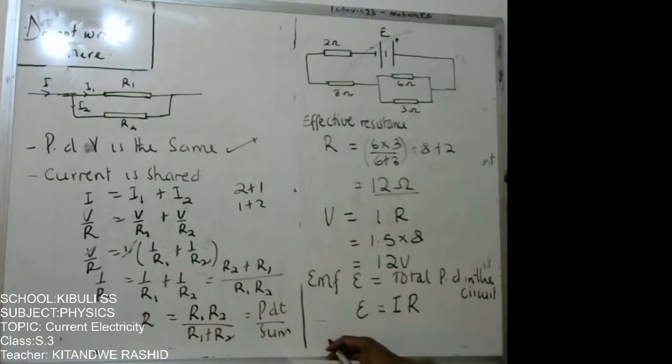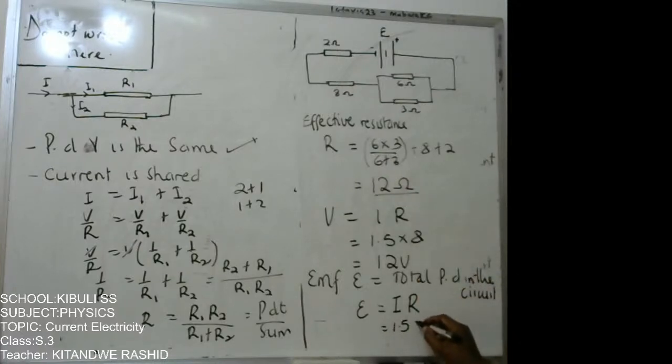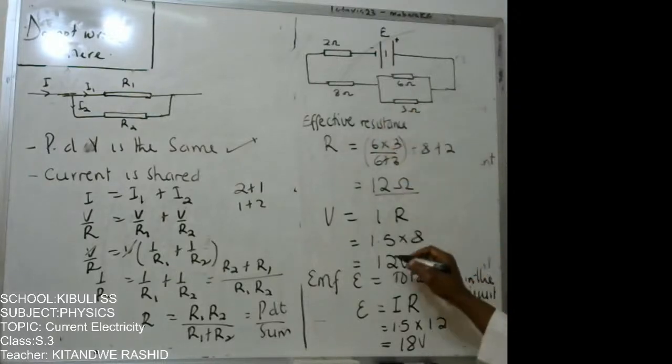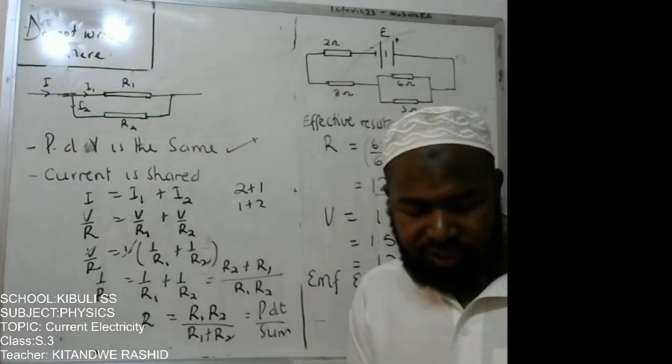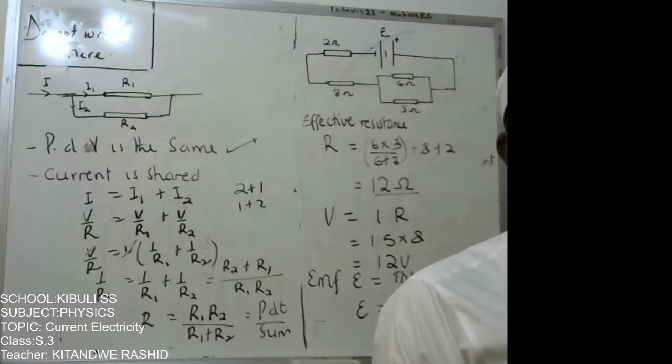And then total current was told to be 1.5, and total resistance we have was 12. And therefore, the total EMF of the circuit is 18 volts. In other words, out of the 18, the 8 ohm consumed 12. And that means the remainder shared the remaining 6 volts. So that is the assignment for the previous lesson.